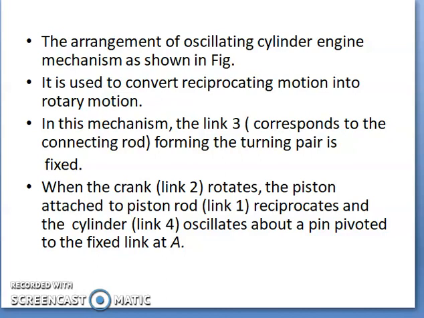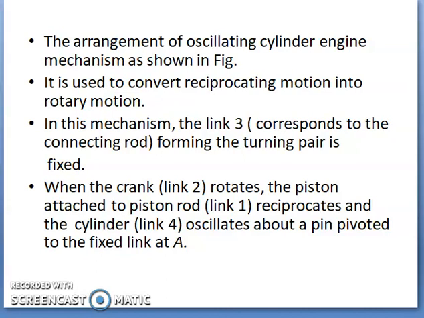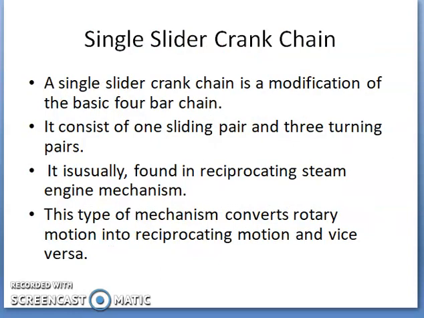A single slider crank is a basic modification of the basic 4-bar chain. Here, one of the turning pairs is replaced by a sliding pair. So it consists of one sliding pair and 3 turning pairs.